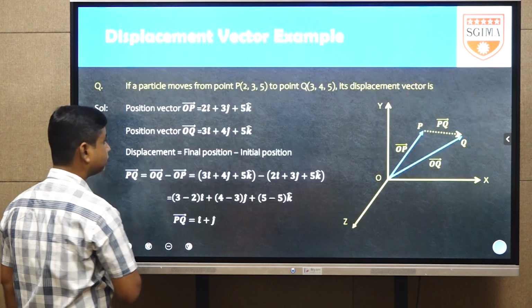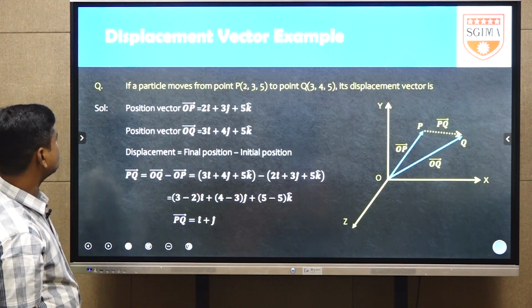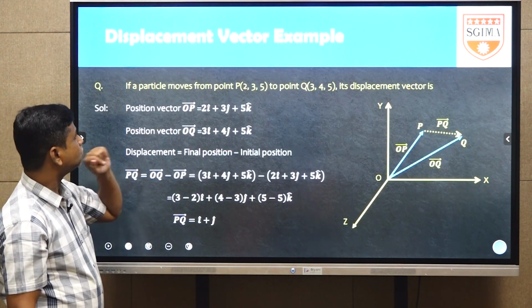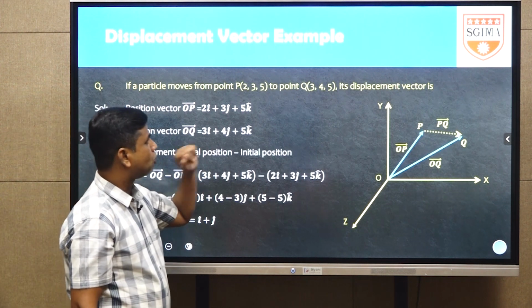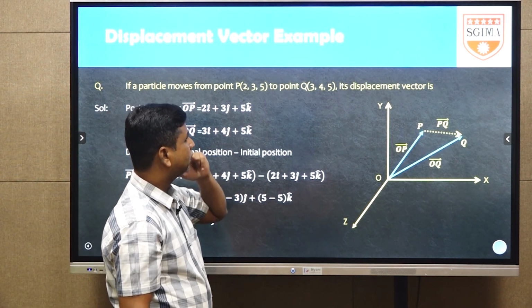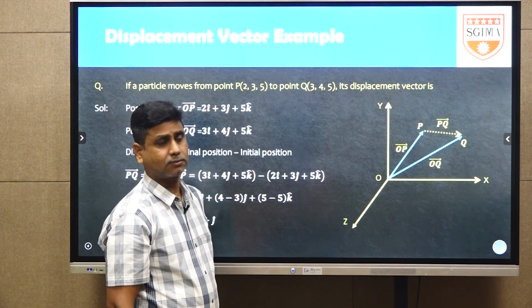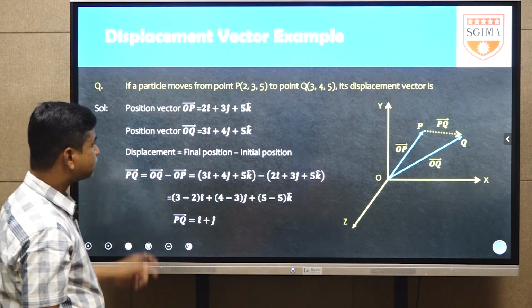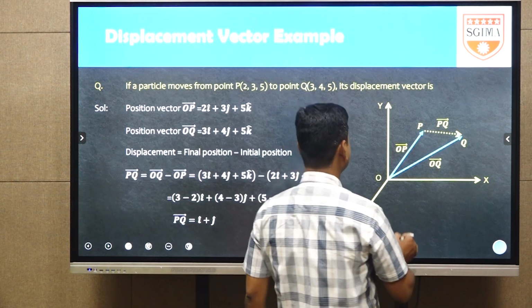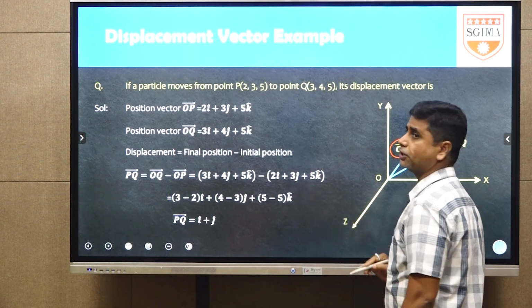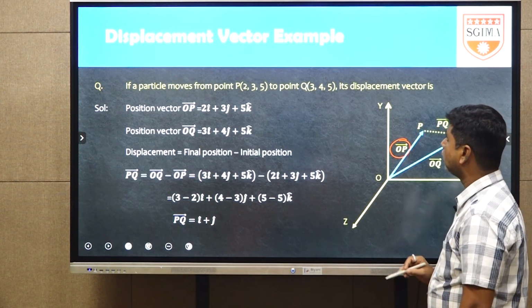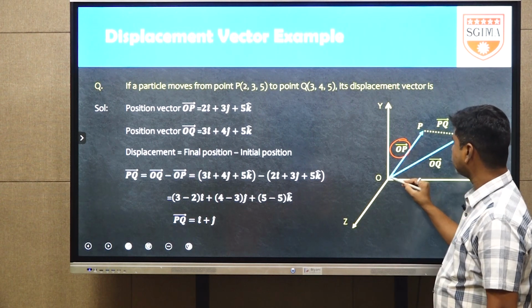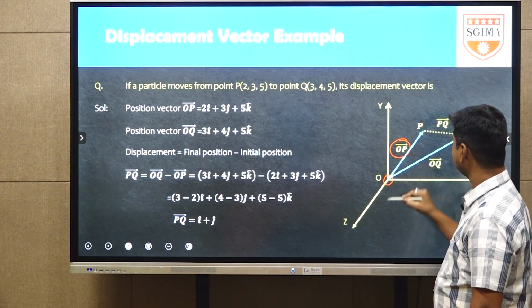Now one example is taken here. If a particle moves from point (2, 3, 5) to point (3, 4, 5), what is its displacement vector? Here the initial vector is OP bar. All positions are measured from the origin, that is why OP.